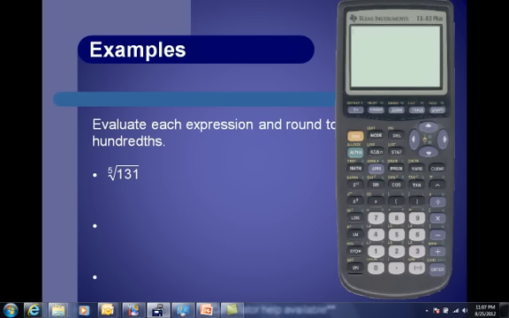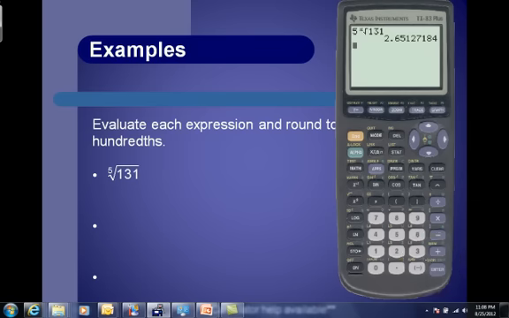So what you do is you press the root first. So we're going to do number 5. Then we're going to go into the math menu, and option number 5 is the fifth root. So we can arrow down to where it says option 5, or we could have just selected number 5 to get the fifth root of 131.